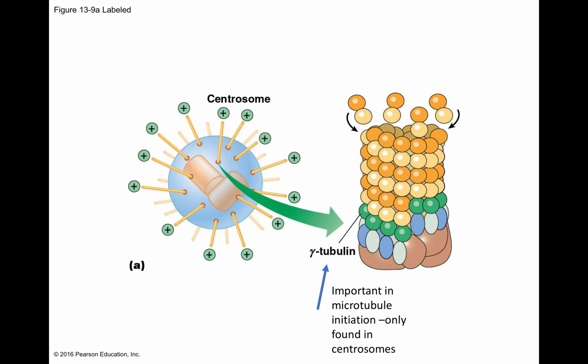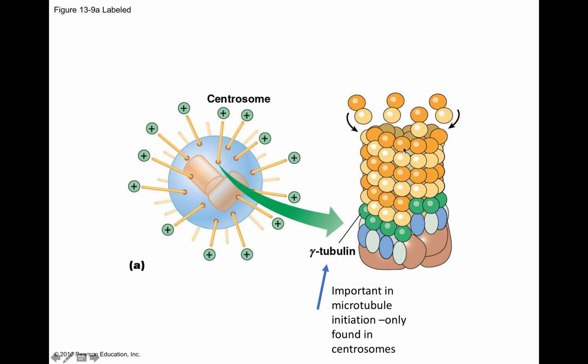Okay, from a centrosome, the negative end of the microtubules will start, and the positive end of microtubules will always be facing away from the centrosome. There is another kind of tubulin, gamma tubulin, that is important for initiating these microtubules at the minus end. And that gamma tubulin is only found in centrosomes.